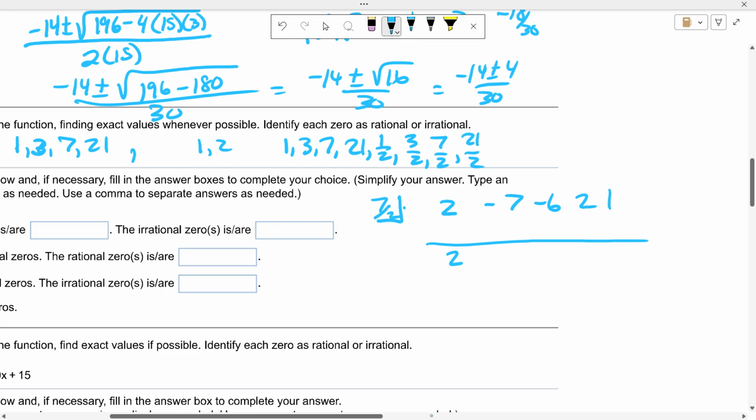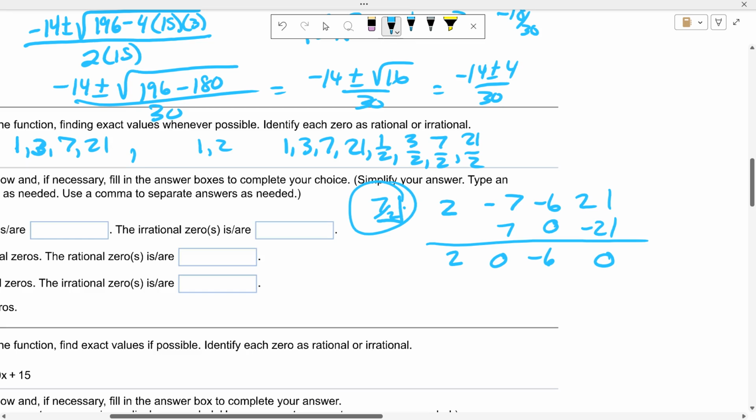How about 7/2? Gives us 7, 0, 0, -6, -21. Ooh, we got there finally.